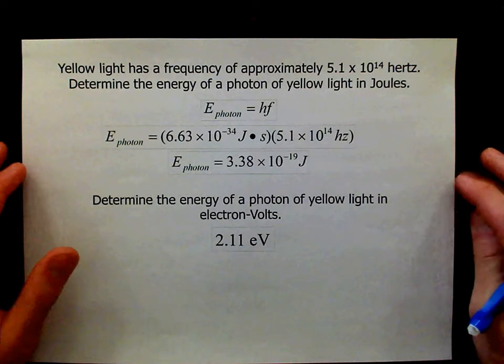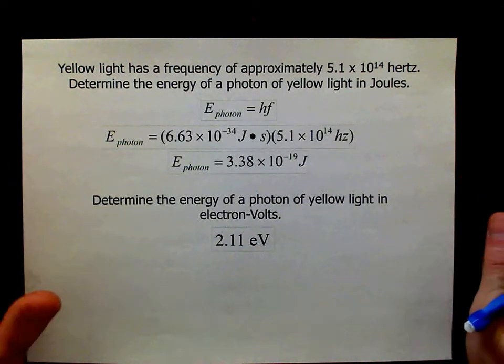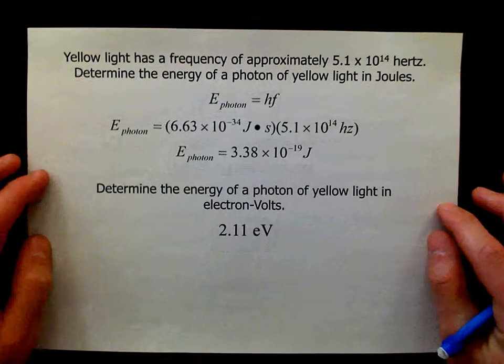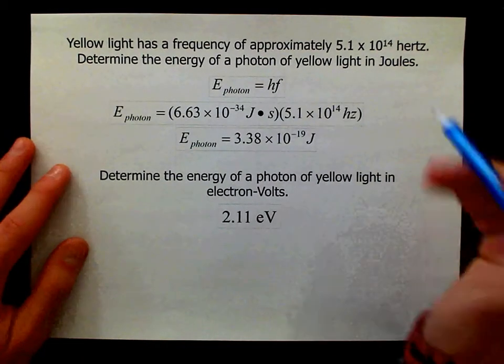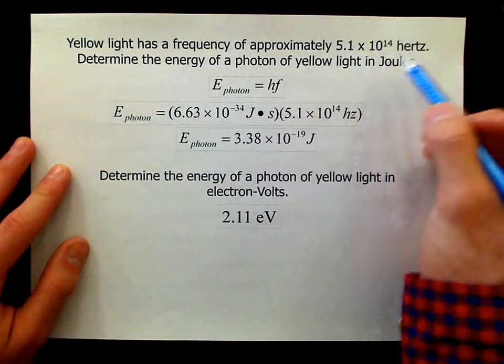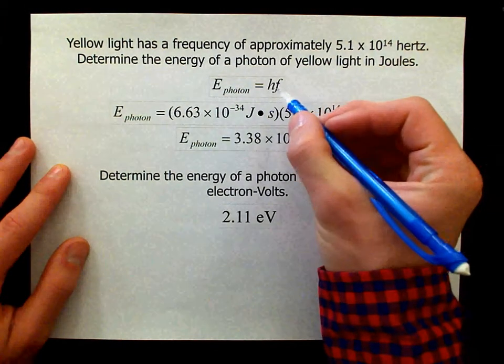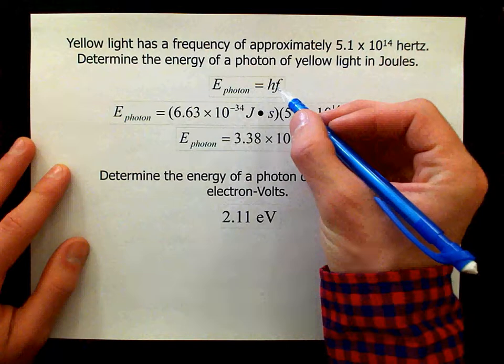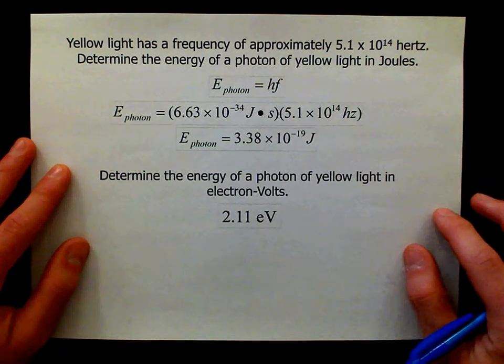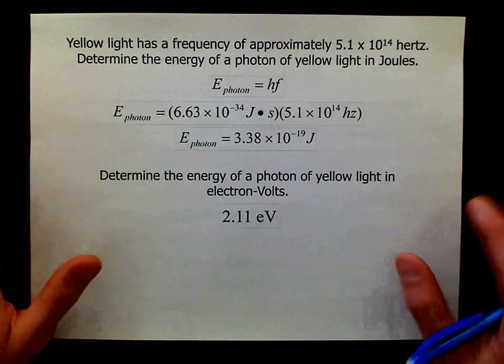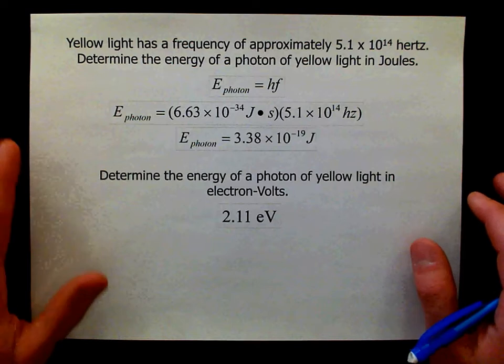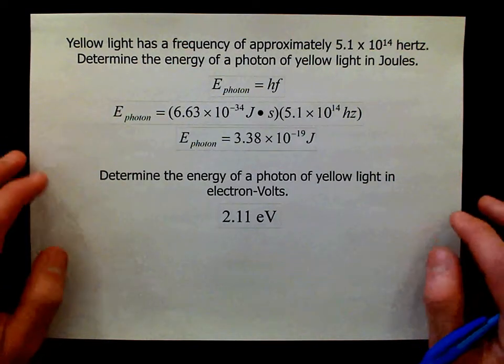So first thing we do, rewrite the equation. They give us yellow light in terms of a frequency, so we're going to use our equation for energy in terms of a frequency. Step number 2, we plug in our givens, or the numbers that we know, including units.